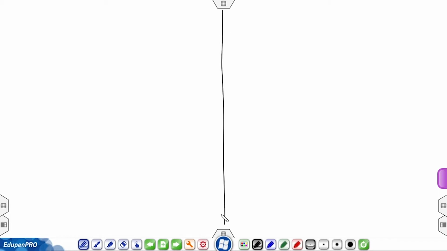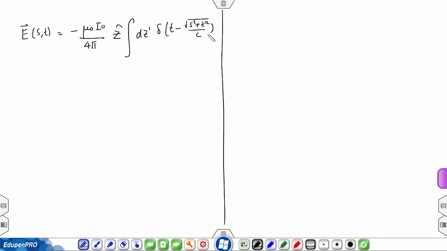So I have E of s, t equals minus mu naught I naught over 4 pi in the z direction, and then I have this integral dz prime of delta of t minus square root of s square plus z prime square over c, divided by square root of s square plus z prime square.